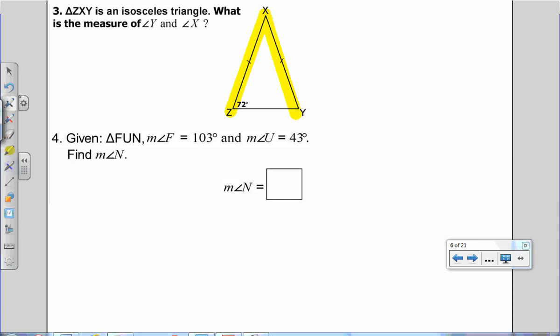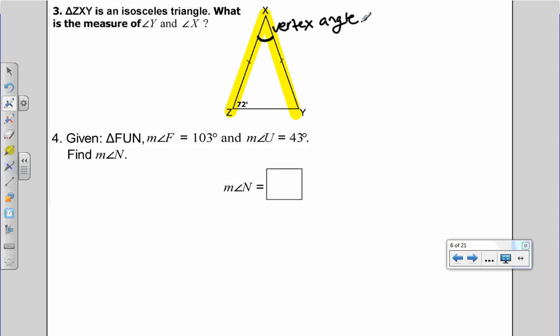And a special thing about isosceles triangles is that the base angles are congruent, and in order to decide what the base angles are, it's probably a good idea to figure out what's not a base angle. The angle between the two congruent sides is called the vertex angle. You don't really need to know that so much as just be able to identify it so that you can figure out what the base angles are.